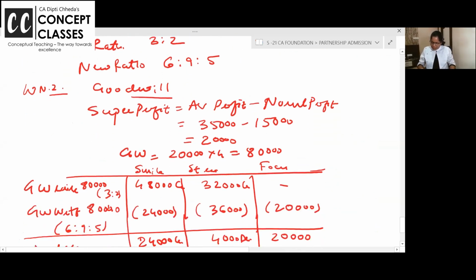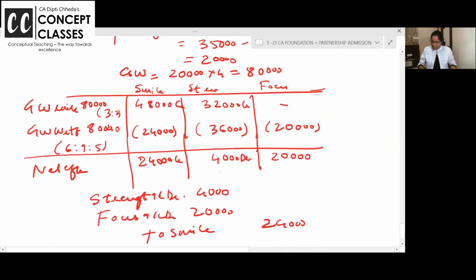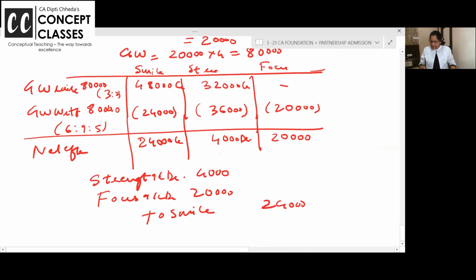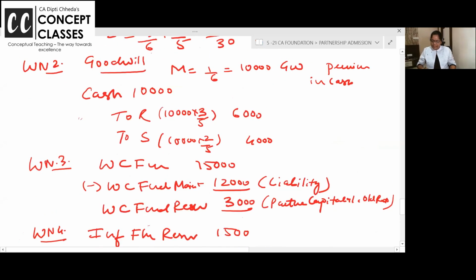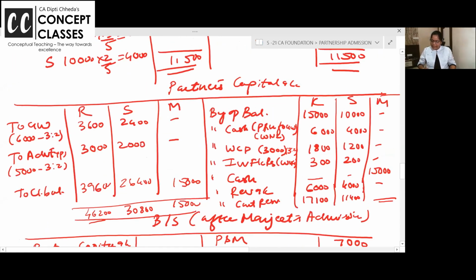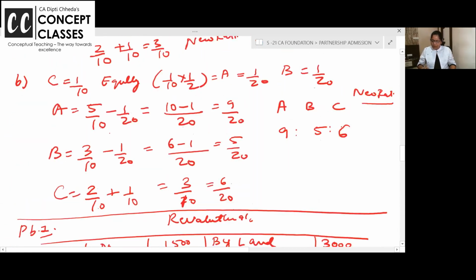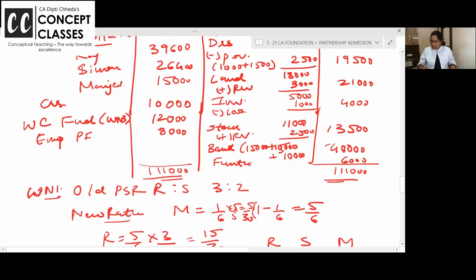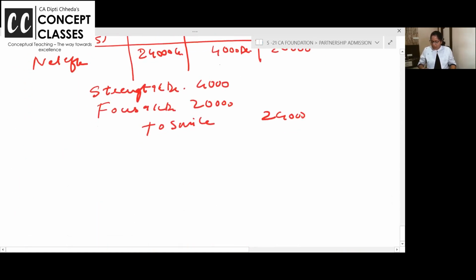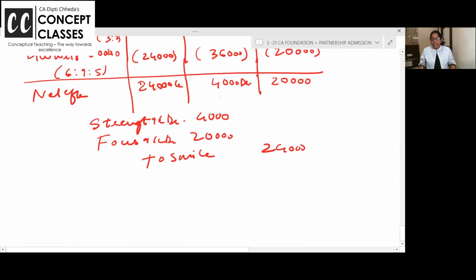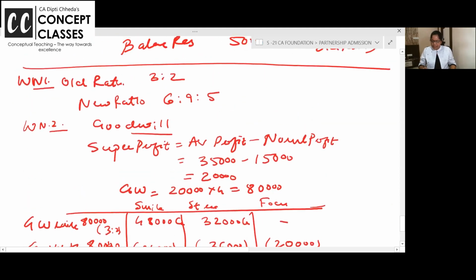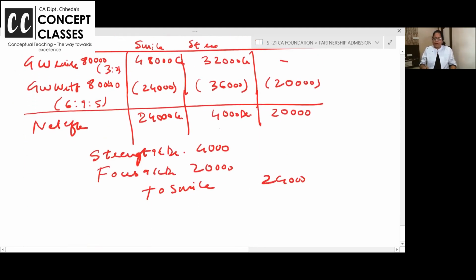And then super profit के हिसाब से we raised goodwill, we have written off the goodwill, and this time the new partner is not bringing goodwill in cash. Yesterday's problem he brought the goodwill in cash, so we have recorded it this way. ये कल का problem है. So now sacrificing partner credits and receiving partner debit. So these are the two working notes we have prepared.